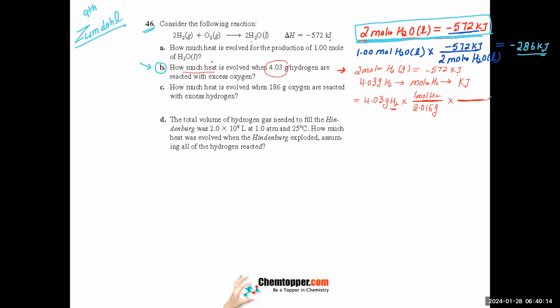Next ratio. Who's going to tell me the next ratio? I want kilojoules, and this is a relation I know from the balanced equation. So what should I plug in here in the numerator and what should go in the denominator? From the balanced equation, I know the relation between moles and delta H. Any one of you?